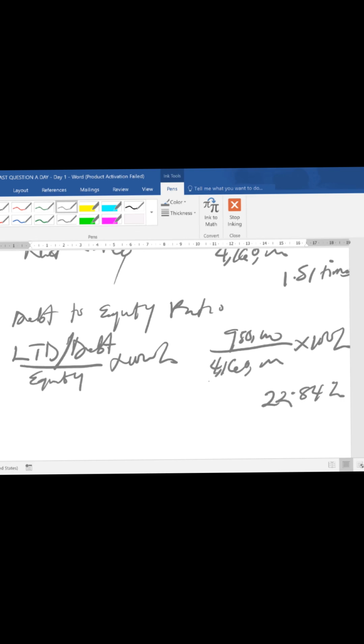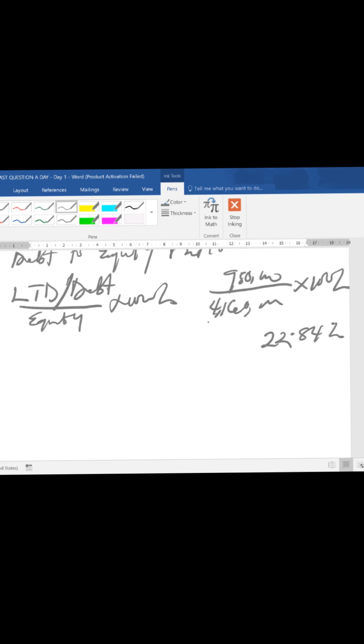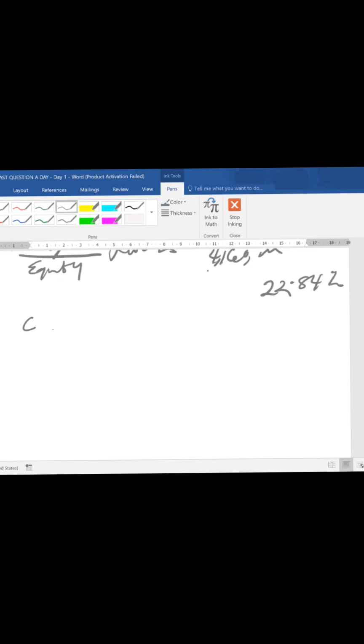Then we move on to the last ratio, which is our capital gearing ratio. And as the name goes, capital gearing ratio.